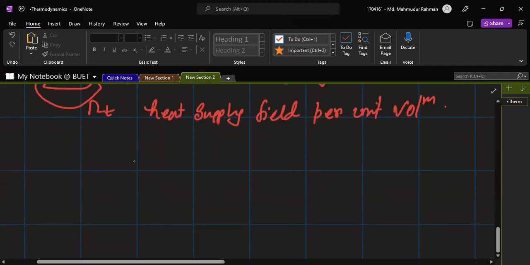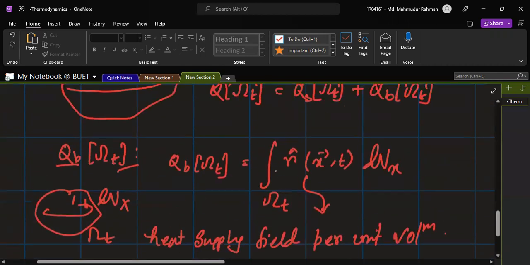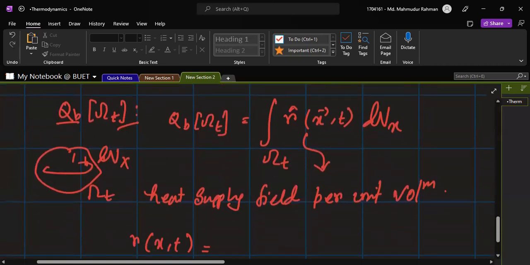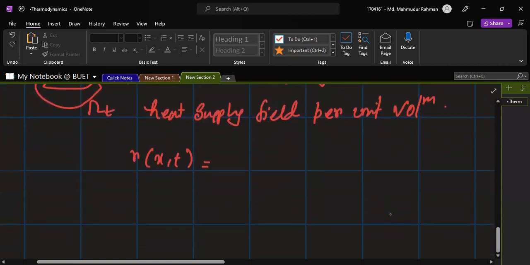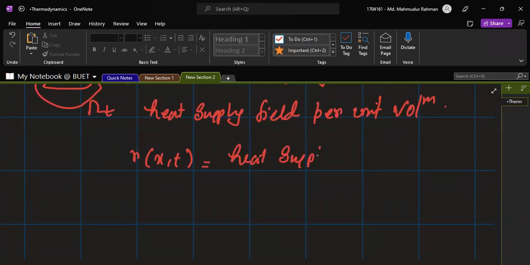This R of x, t, we call the heat supply field per unit mass. Notice there are two different R. The R with a hat over it is the heat supply per unit volume. But we want to deal with heat supply per unit mass.